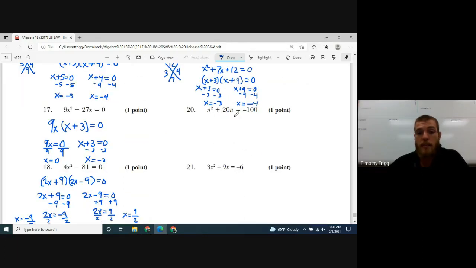For number 20, this is similar. I want it to be 0 over here, so I'm going to add 100 to both sides of the equation. So that'll give me n squared plus 20n plus 100 equals 0.